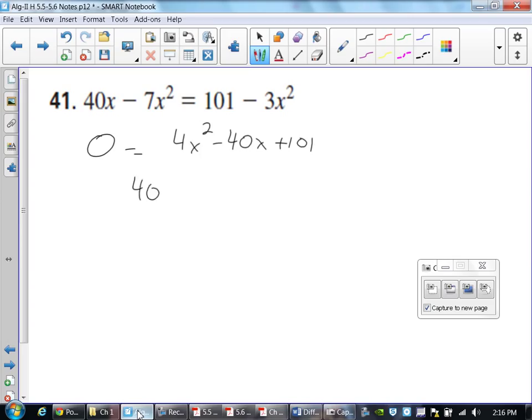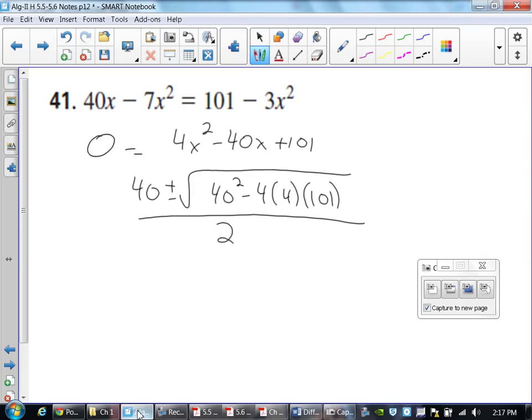Opposite of b plus or minus square root 40 squared minus 4 times a times c all over 2 times a. Now we have big numbers that I can't do. Sorry to disappoint you guys with my unwieldy skill. 40 squared would be 1,600, though. I can do that.